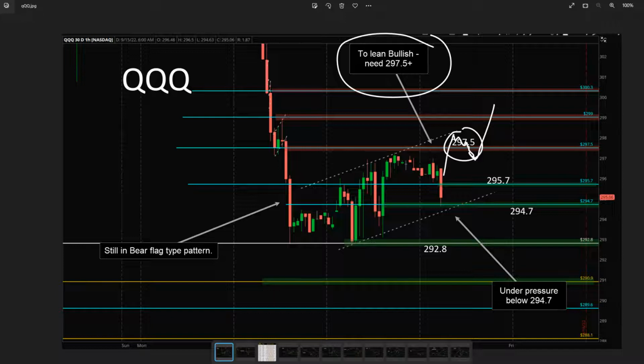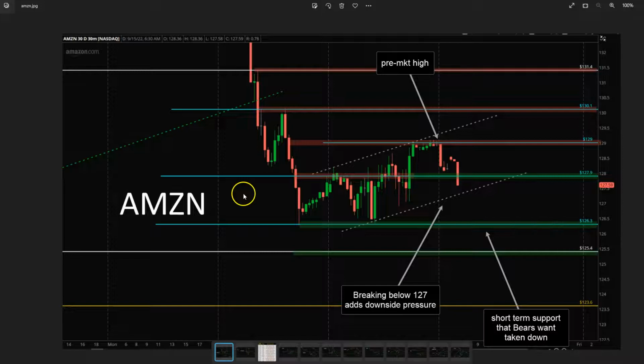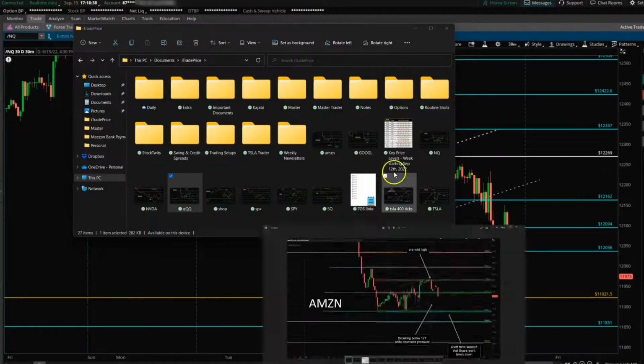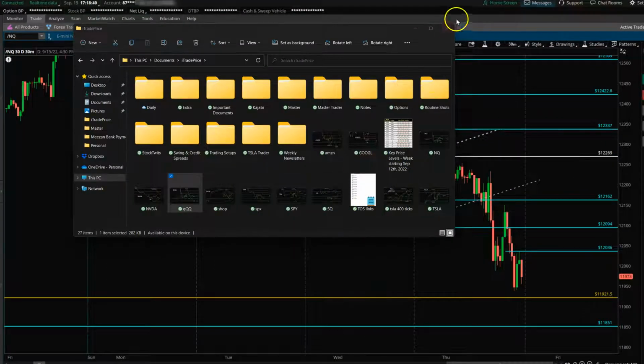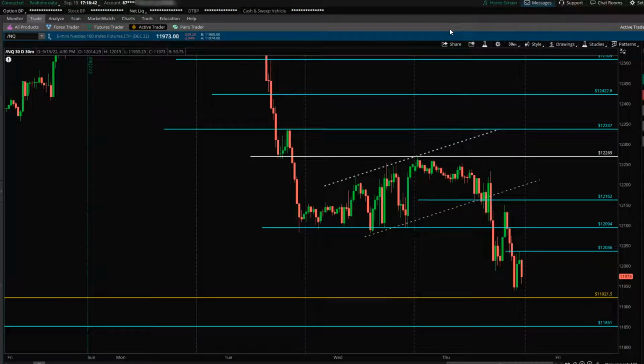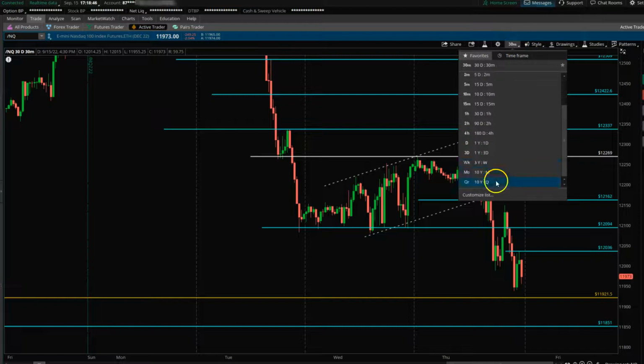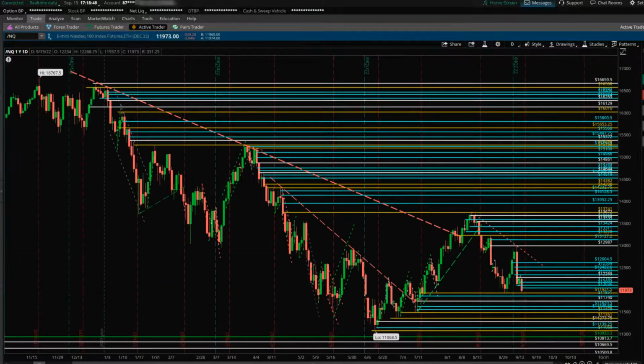You don't have to be a hero trying to catch the bottom. Most of the successful traders I came across in my earlier years, and even now when I talk to them, say that, for example on a daily chart, I'm being sidetracked a little, but I think it will help you.